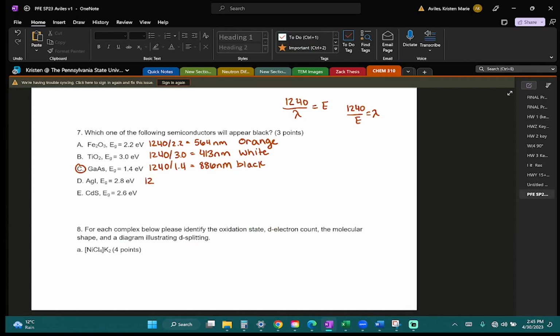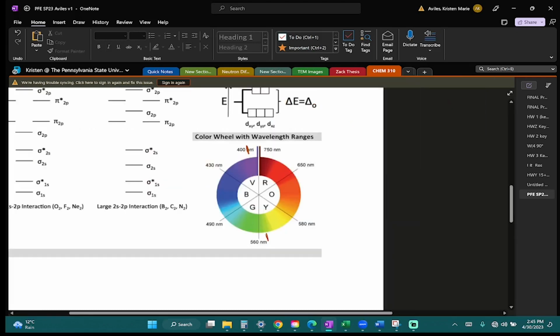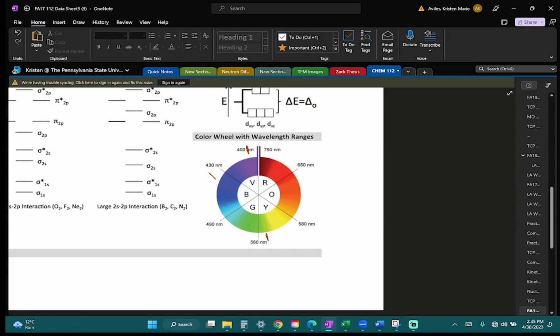So next we have silver iodide, and this would be 442. So if I go back, 442 is right around here, so it's absorbing this region. So this is going to be like an orange yellowish color.